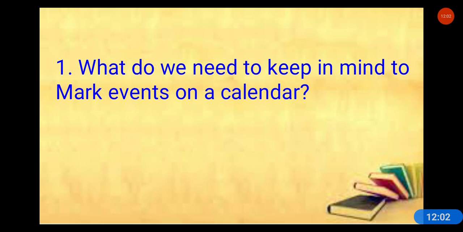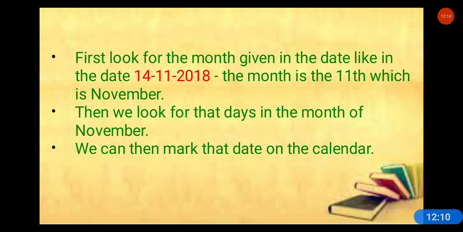Next, what do we need to keep in mind to mark events on a calendar? Right. What is the process? First of all, we should look for the month given in the date. As an example, here 14th 11 2018. Take care. This is the date, right?